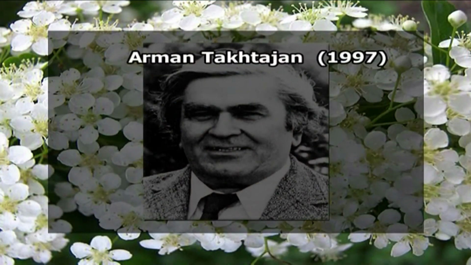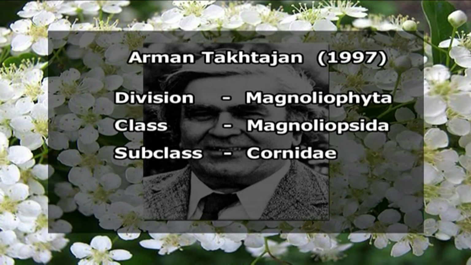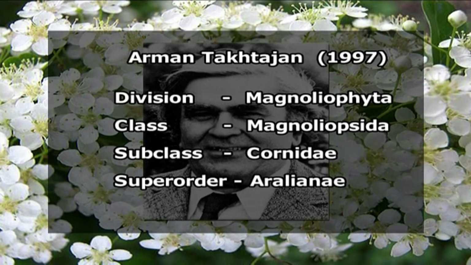Under his classification, the family Apiaceae is classified under the division Magnoliophyta, class Magnoliopsida, subclass not the Rosidae of Arthur Cronquist but Cornidae. He also incorporated one more rank, called superorder, and gave Apiaceae the superorder Araliinae. And again the order is not Umbellales or Apiales but Araliales.